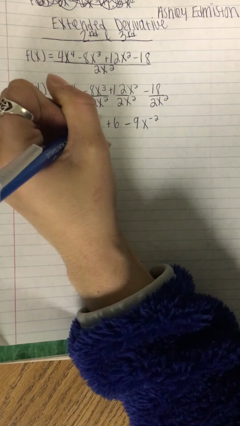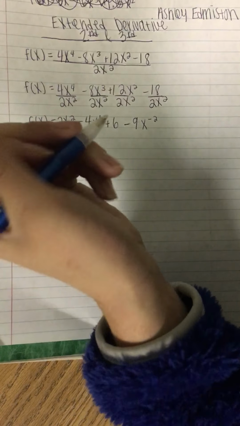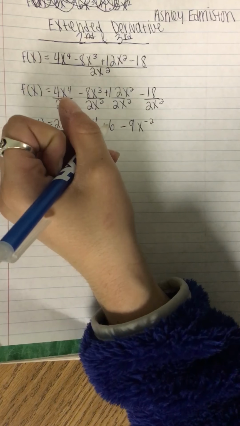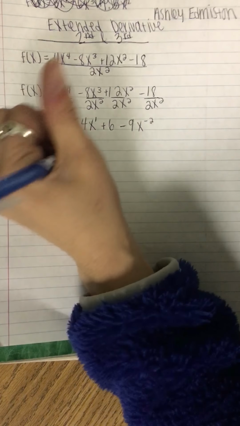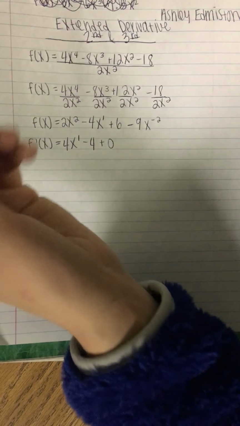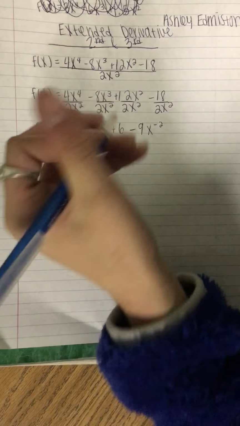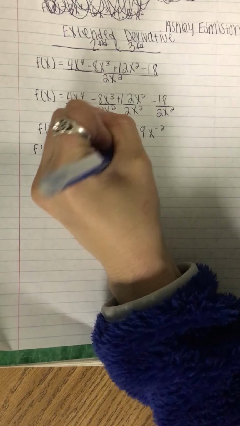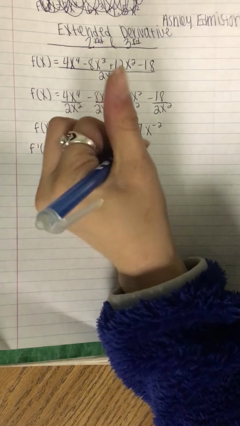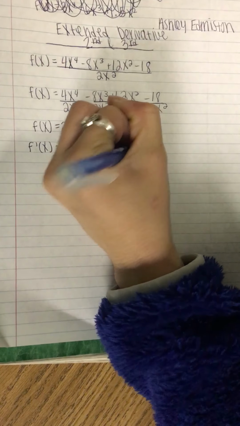There's no x because 1 minus 1 is 0. And then the derivative of a constant is just 0, so you can put plus 0 here. You don't have to, but I'm going to. And then negative 2 times negative 9 is positive 18, and negative 2 minus 1 would be negative 3, so x to the negative third.